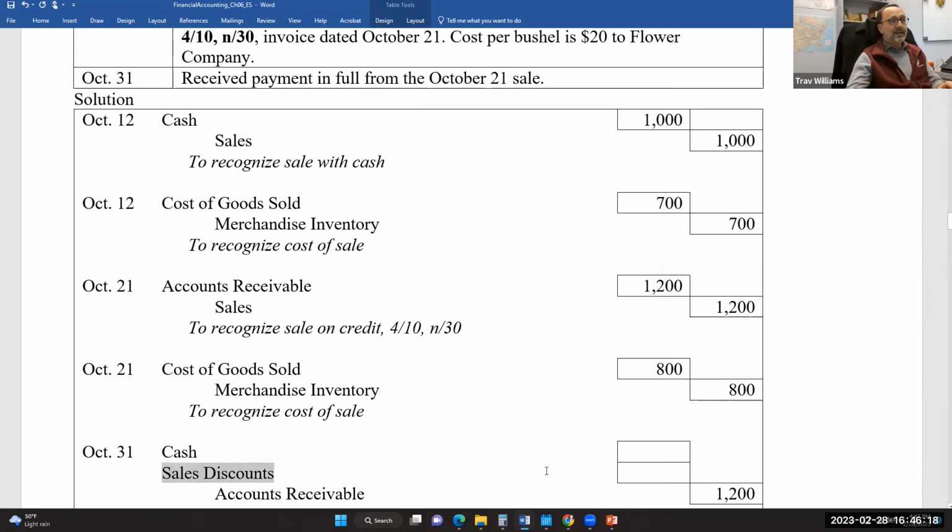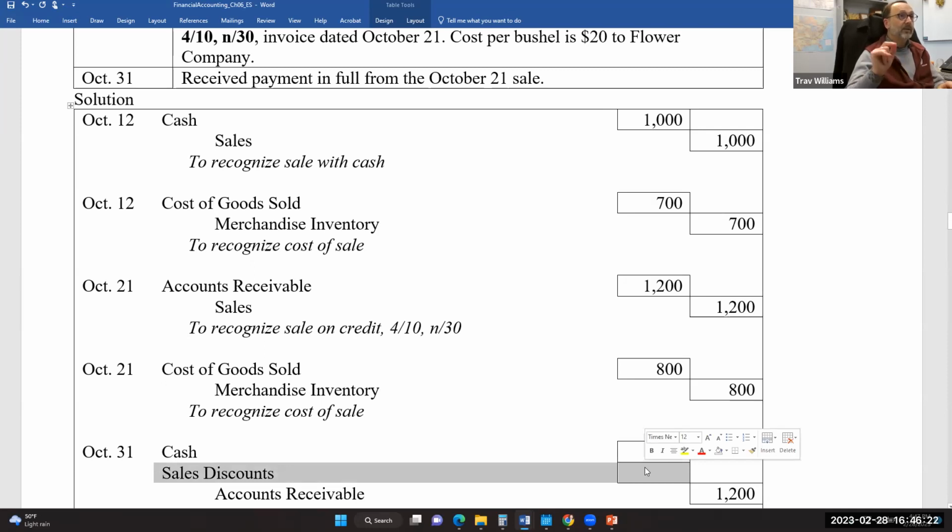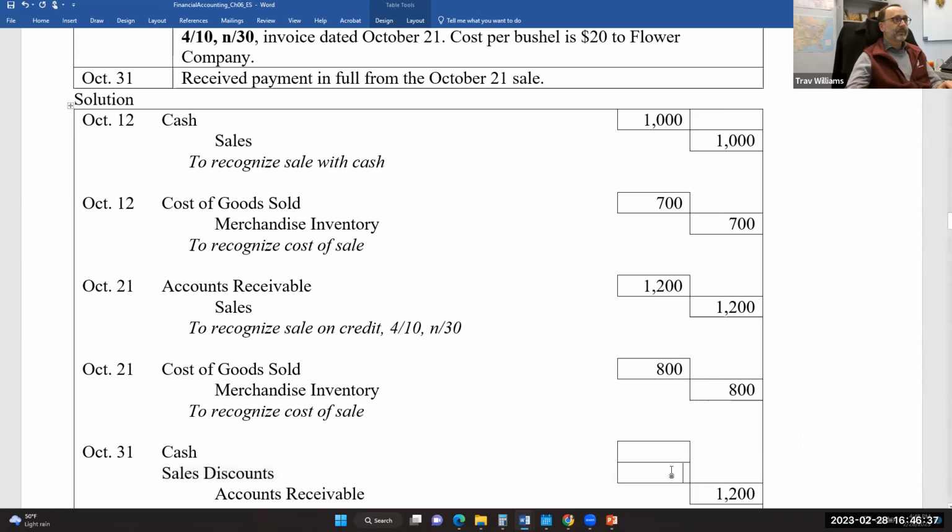So notice now, back to your question, Jane, when we're the seller and we're giving a sales discount, it's a debit to sales discounts. If we were the purchaser, it would be a credit to merchandise inventory, assuming we're using the perpetual method.